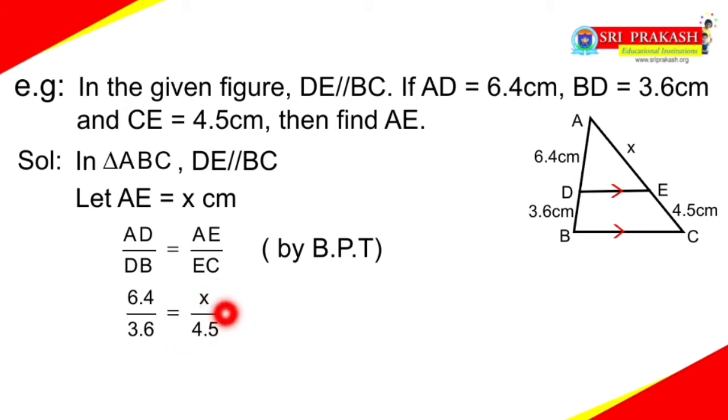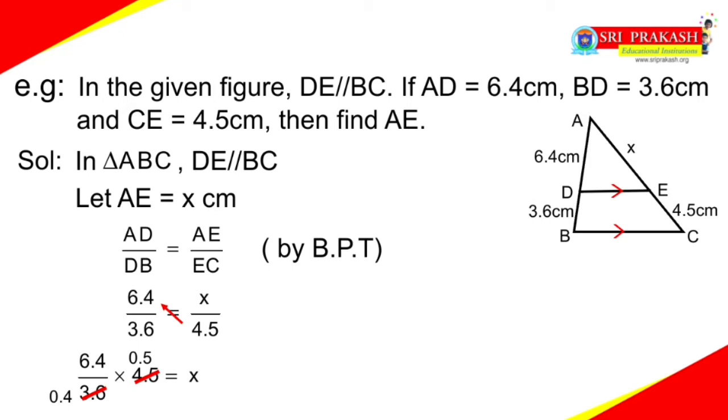Now let us shift 4.5 from RHS to LHS. Then we get 6.4 by 3.6 into 4.5. Children, now let us cancel 4.5 and 3.6 with 9, 0.5 times and 0.4 times respectively.